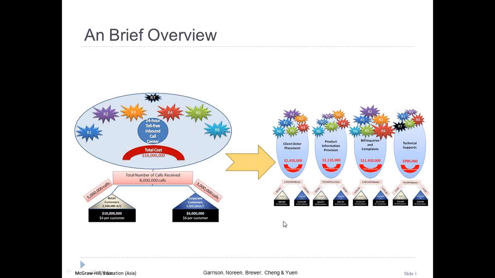Now, when we introduce activity-based costing, we try to understand what are the activities being performed in the business unit. And in this case, we have client order placement, product information provision, bill inquiries and complaints, technical supports. So you would expect a call center to have this type of activity.